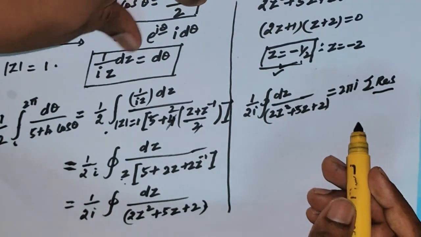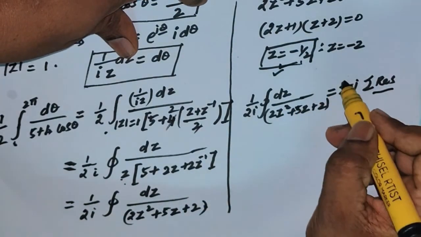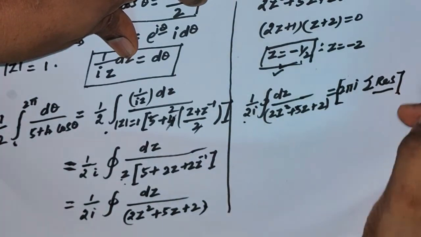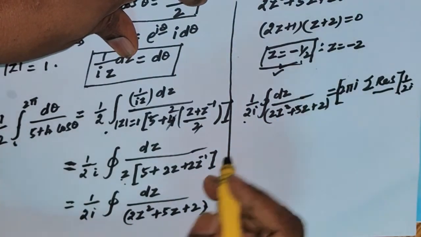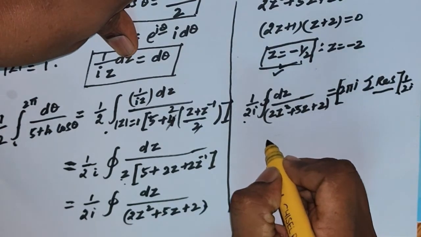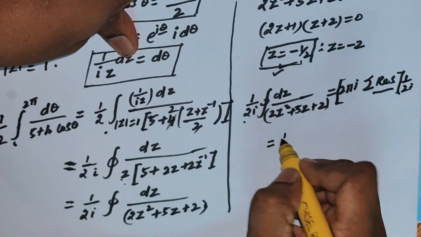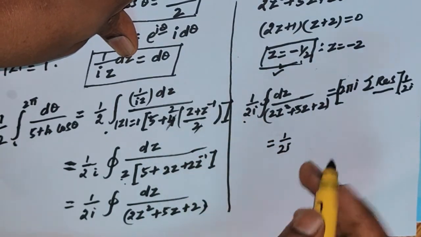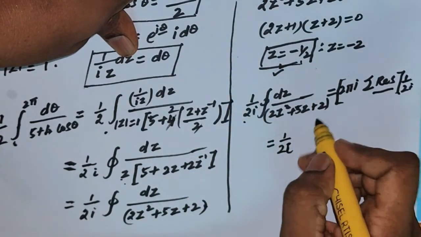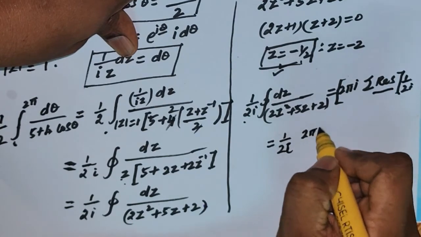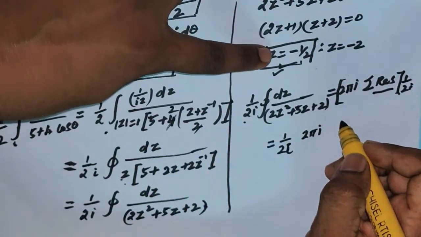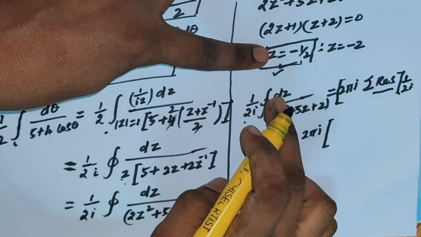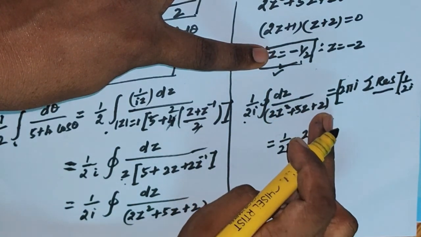In general for the complex integration, here 1 by 2i will be there, you need to put 1 by 2i also. So this integration is equal to 1 by 2i, that is before the integration, 1 by 2i into 2 pi i times the residue at z equal to minus 1/2. So we are having the function 1 divided by 2z square plus 5z plus 2.